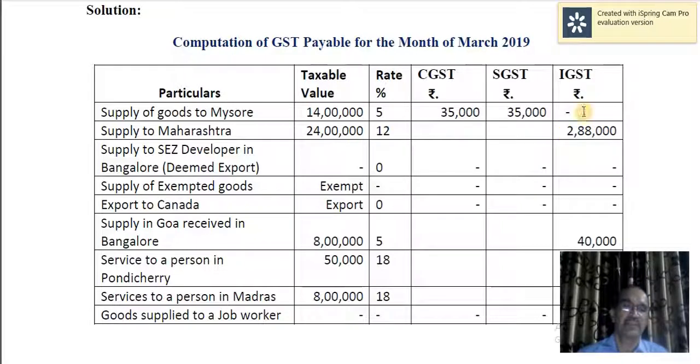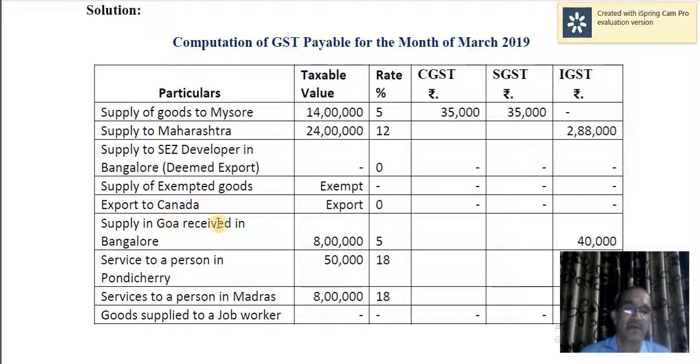Supply to a special economic zone developer in Bangalore, it is deemed export, so zero rate is applied here, and therefore taxes are nil. Supply of exempted goods, since the goods are exempt from tax, no GST. Then export to Canada, it is zero rated and therefore no tax.